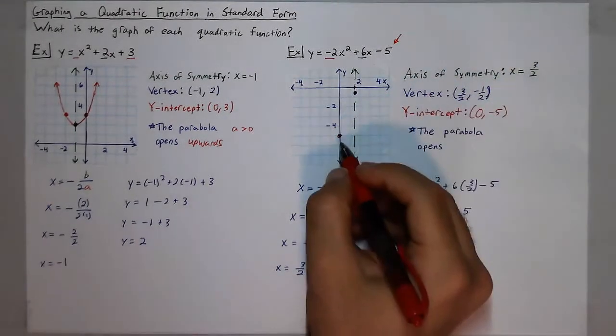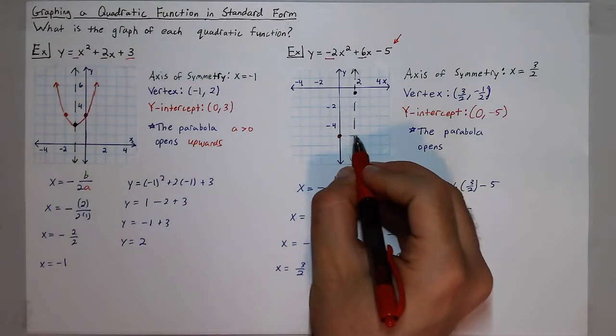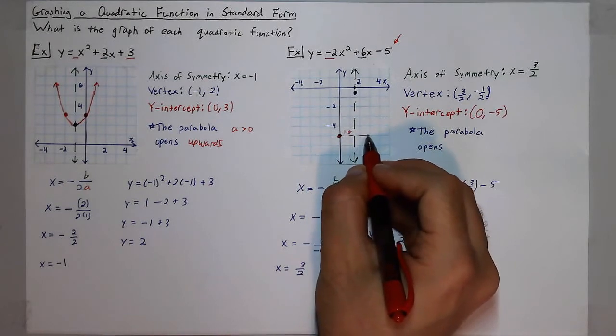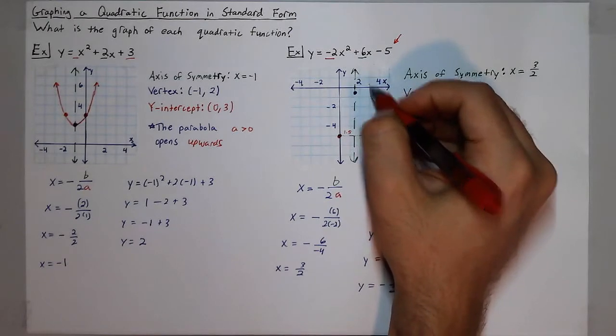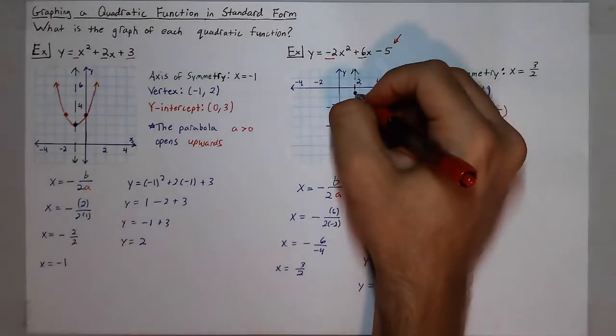And we have 1 point, so to find another one, this is about 1.5 over to the left, so we'll go 1.5 over to the right, which will put us at 3, negative 5, and now we can graph our parabola.